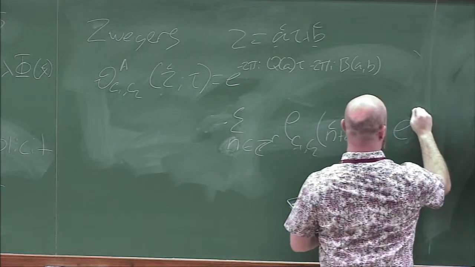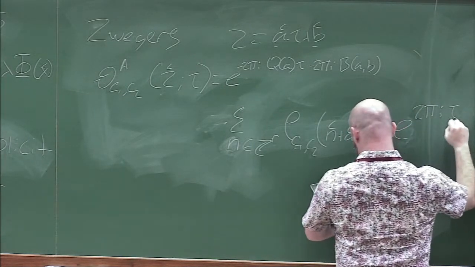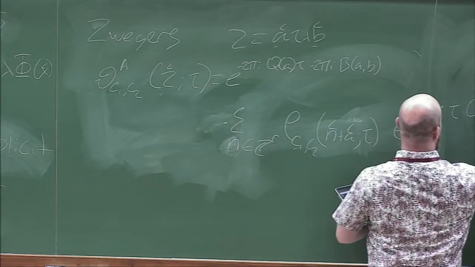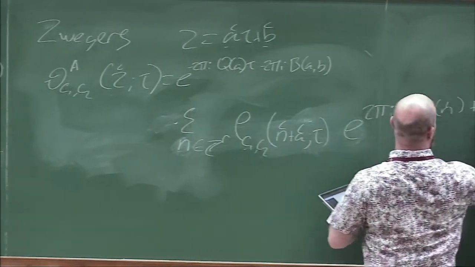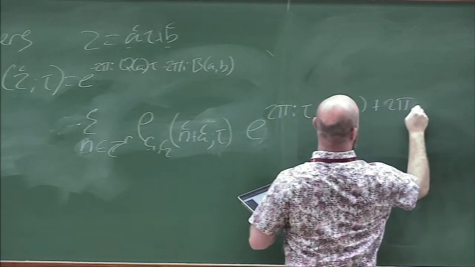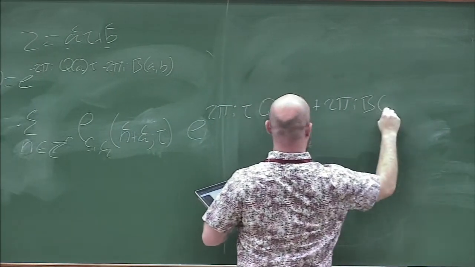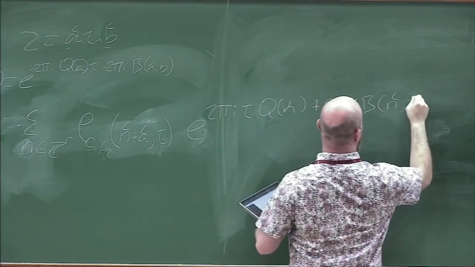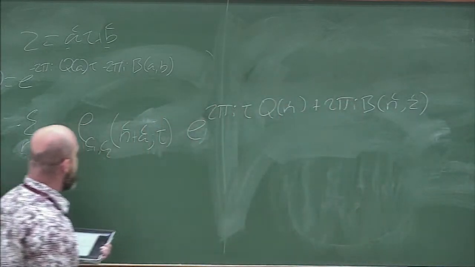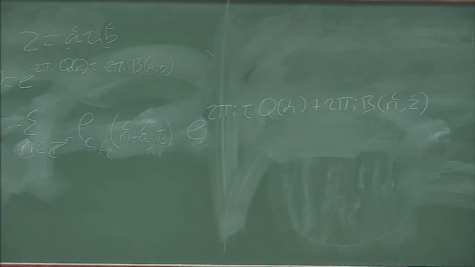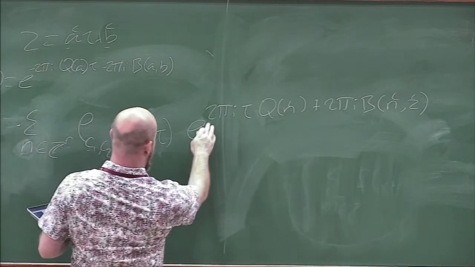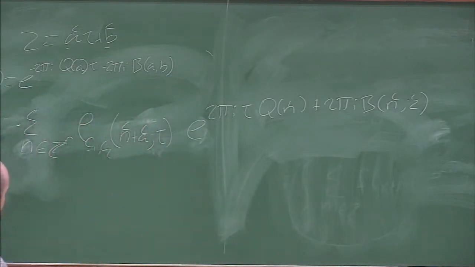And then this is the main part here, 2 pi i tau q of n plus 2 pi i b of n, z. Now let's see. This is what I have written in my notes. I feel like this 2 is maybe not supposed to be there. Actually, let me really quickly consult Zwegers' paper.